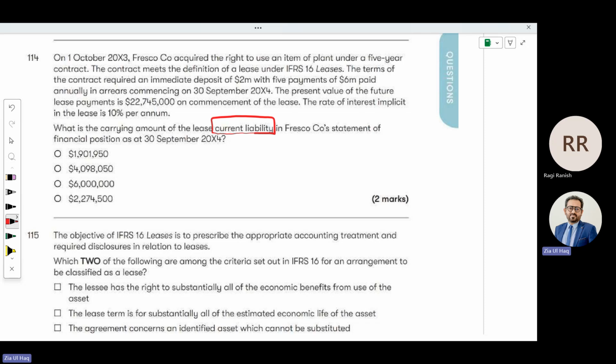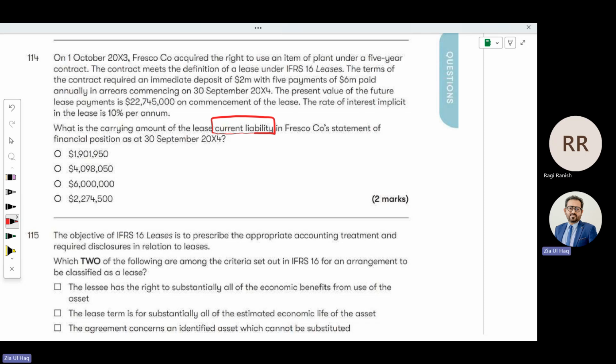Paid annually in arrears. This means interest should be charged before payment. Present value of lease liability given. Advance payment of 2 million.